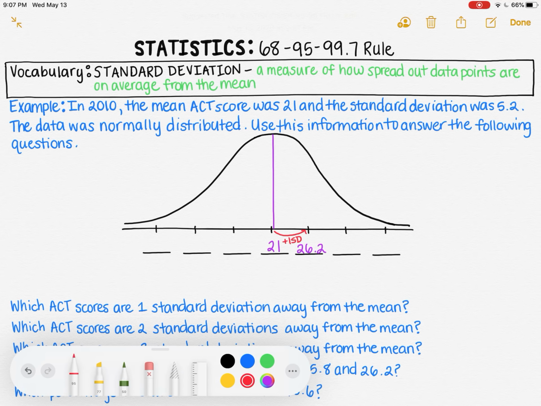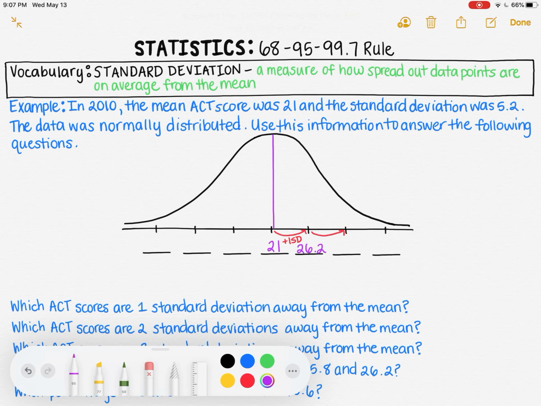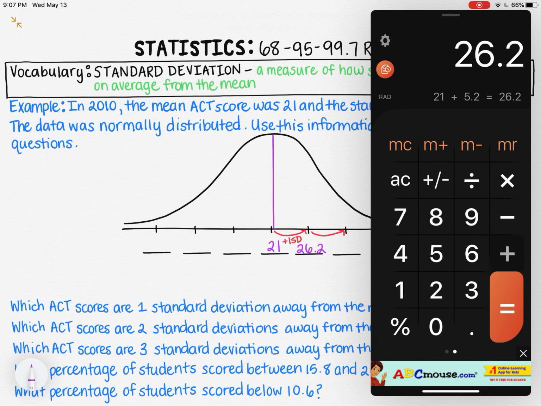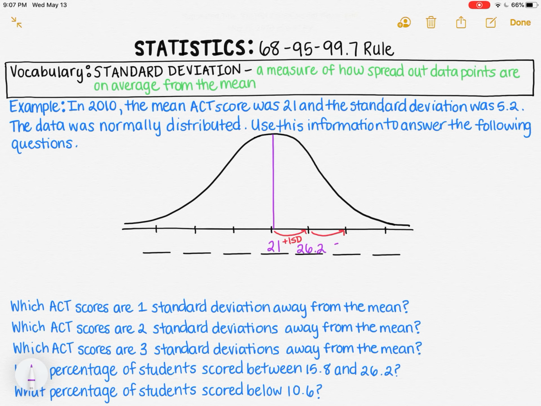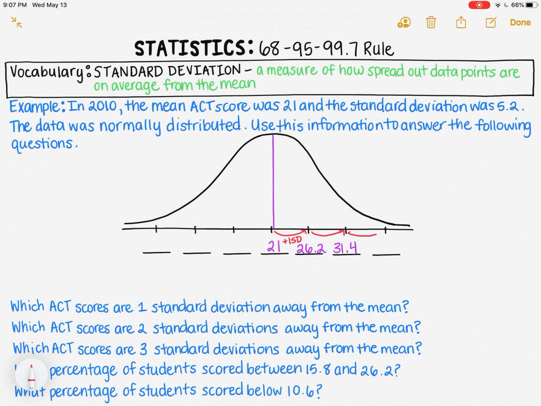Now, if we go one more standard deviation to the right, that means I'm now two standard deviations above the mean. So I'm going to take 26.2 and add the standard deviation again. So I'm going to add 5.2. Now I'm two standard deviations above the mean, so I'm at 31.4. And I can do this one more time to end up three standard deviations above the mean.